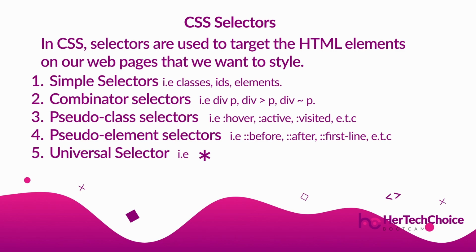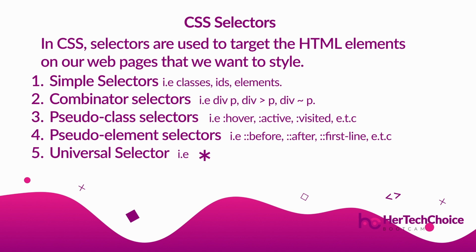Now let's talk about CSS selectors. CSS selectors help us reference a particular content that we want to style in CSS. And we have different types of selectors. We have the simple selectors, which are usually classes, IDs, and elements. Class selectors are represented with the dot mark.